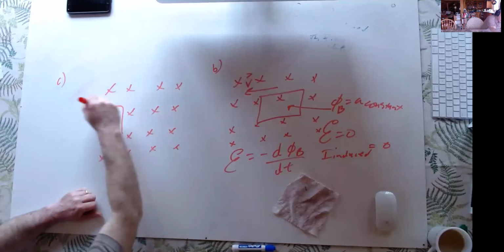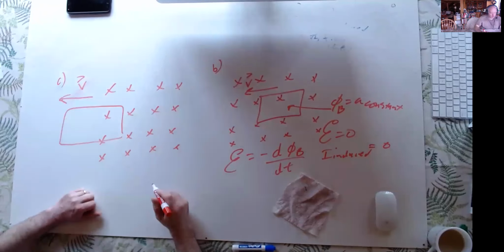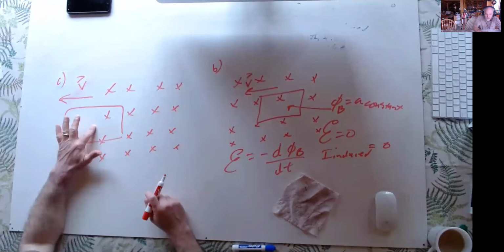So here's our loop, and now we're coming out. Okay, so we always have to ask ourselves, what is the change in flux? Well, the change in flux is going to be decreasing.